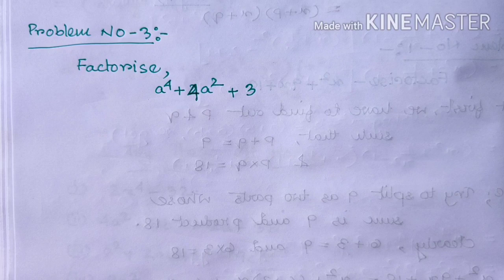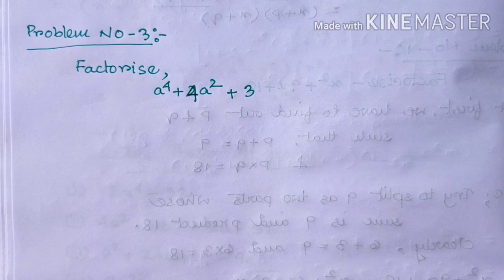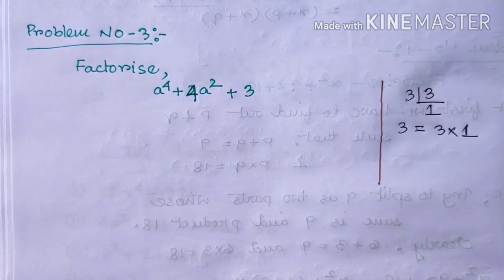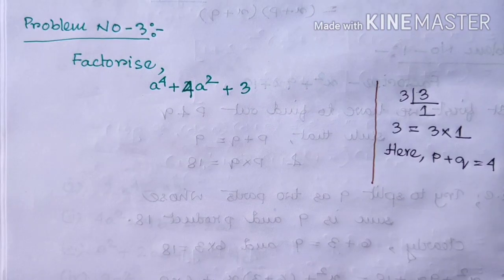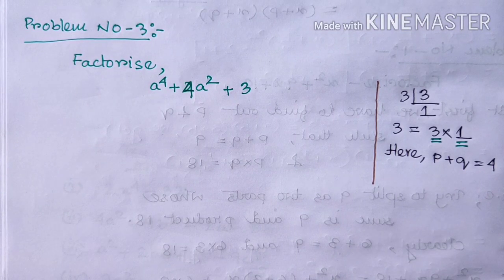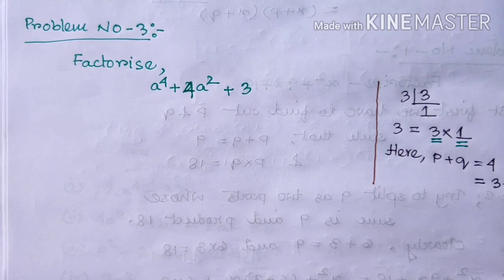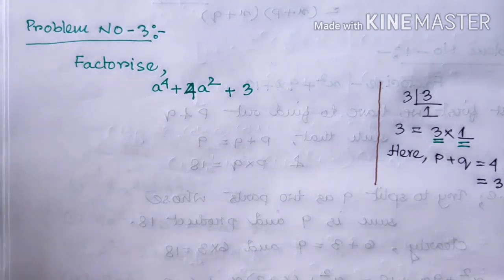Problem number 3. Factorize a to the power 4 plus 4a square plus 3. To find p and q we factorize 3 and we get 3 equals 3 into 1. And here p plus q equals 4. Therefore 3 plus 1 equals 4.